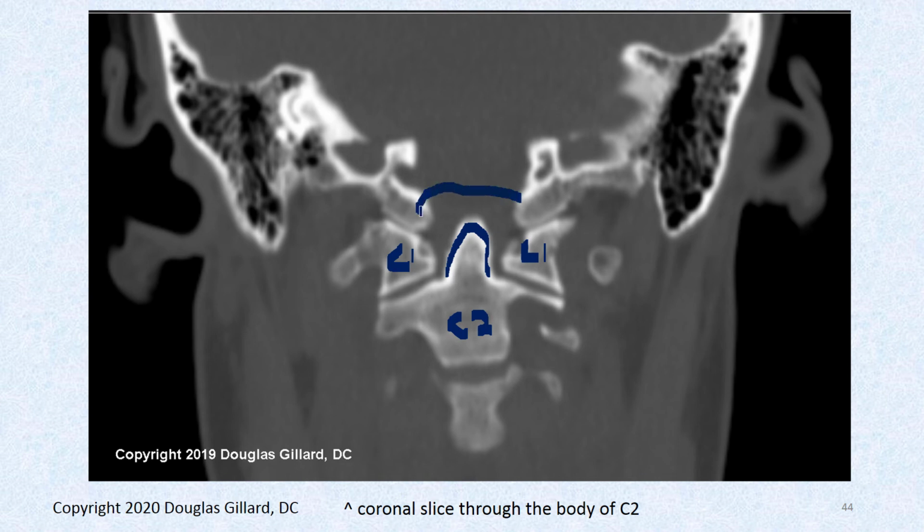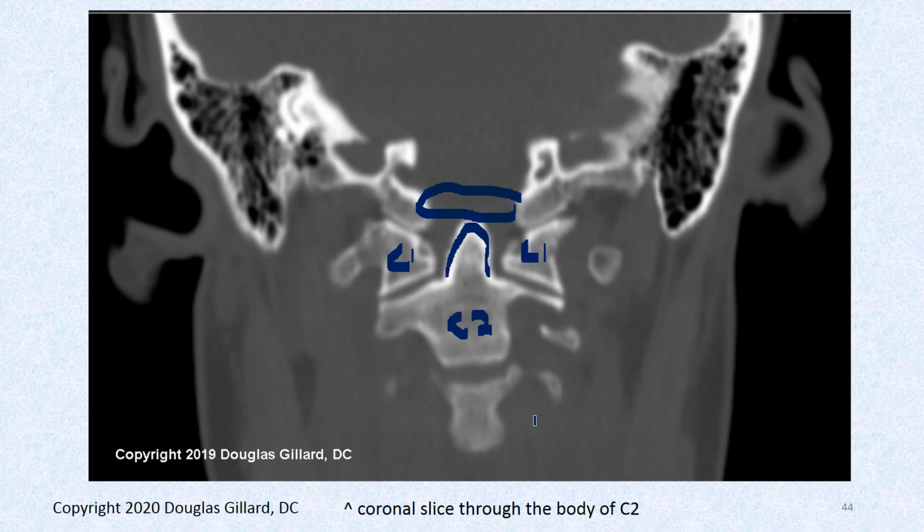Foramen magnum is right here. Look at the mastoid processes, the mastoid portion of the bone here. I'll try not to digress here, but a perfect example of a coronal cut through the vertebral body of C2 is how you would describe this. Or you could say the cut is through the lateral masses of atlas, which is also fair to say.